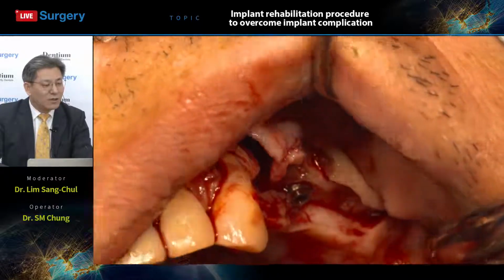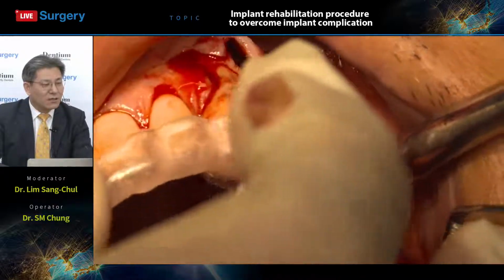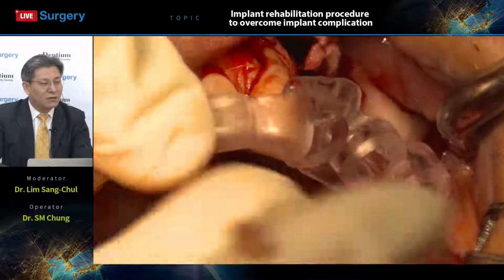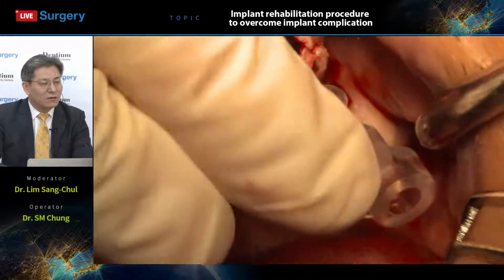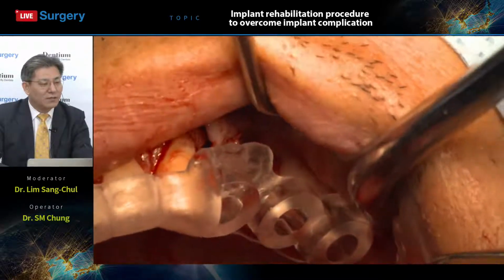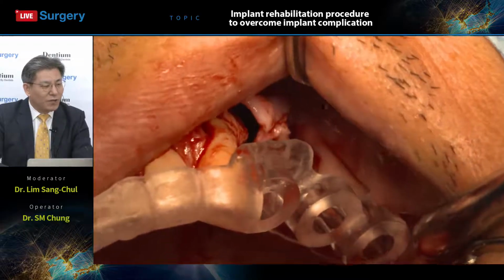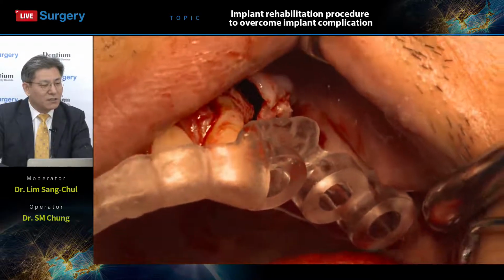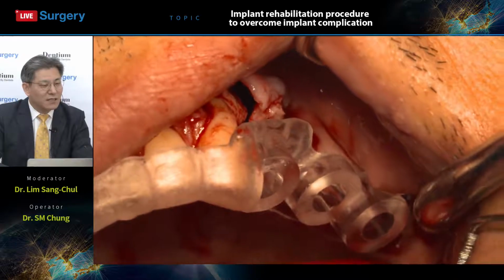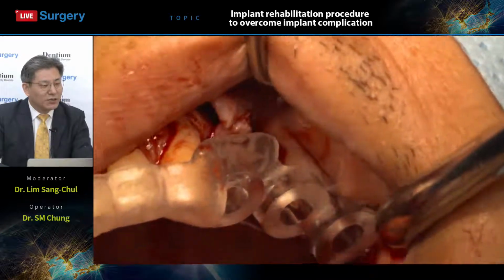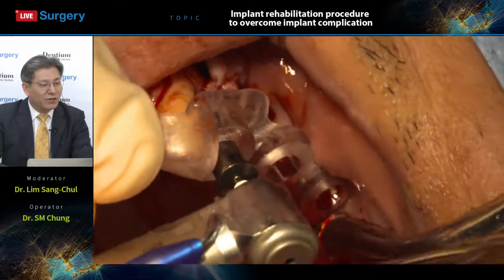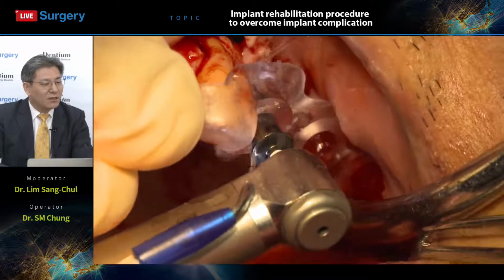Actually, another one. He tried initial drilling to check the position of the implant. Now we have adapted the surgical stent from the milling machine. This one is not a 3D printed stent.